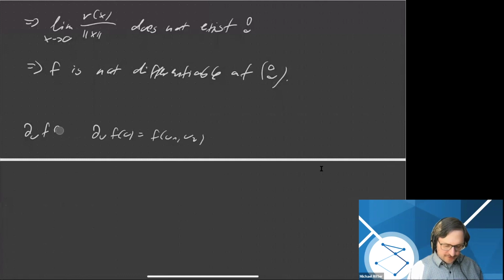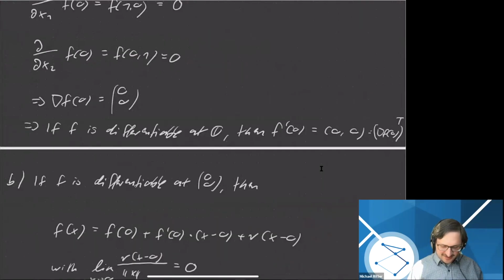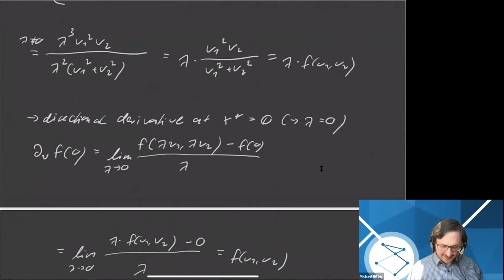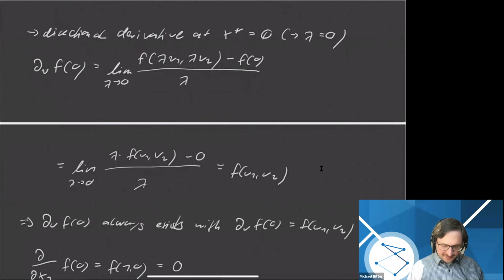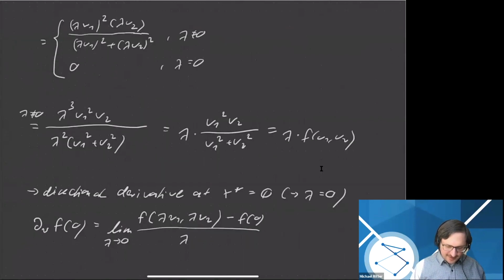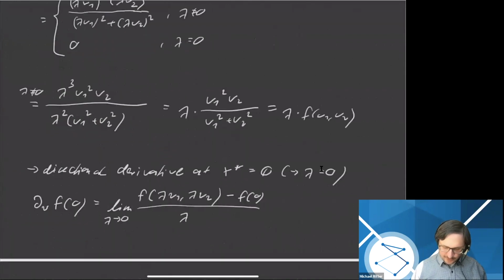Well, because we just computed that. Let me switch back to part A. What we proved first in part A is that f of lambda v1, lambda v2 is equal to lambda times f of v1, v2.